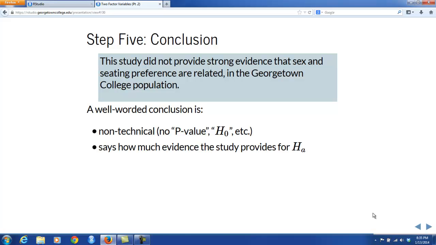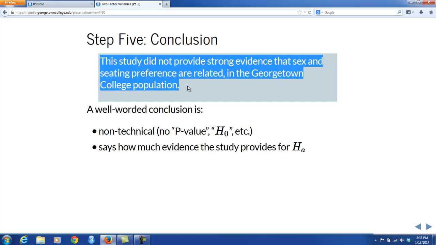Notice how this conclusion is worded. It's non-technical. It didn't have words in it like p-value, or null hypothesis, or alternative hypothesis, or a chi-square statistic, or anything like that. It was worded in such a way that anyone who could understand the research question could understand this conclusion without understanding anything at all about the intervening mathematics and statistics.